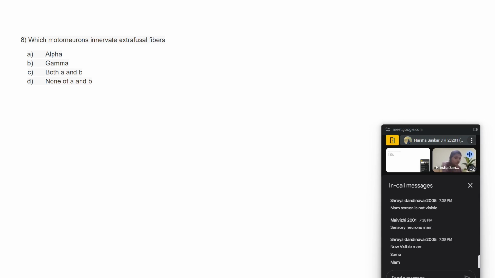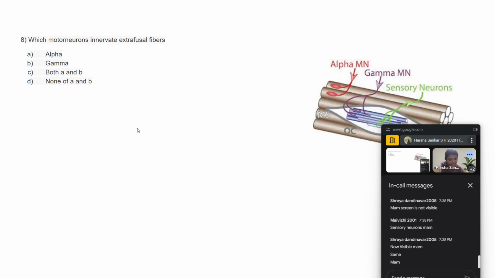So, which motor neuron innervates extrafusal fibers? Alpha, gamma, both A and B, none of A and B. What is the correct answer? The correct answer is alpha.